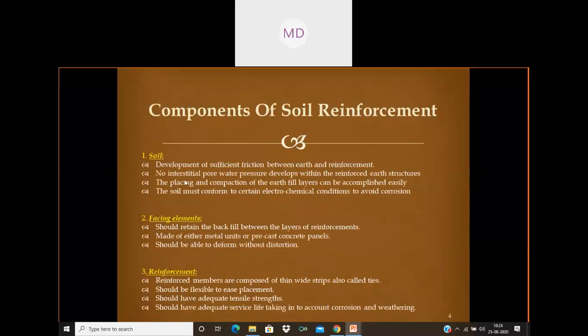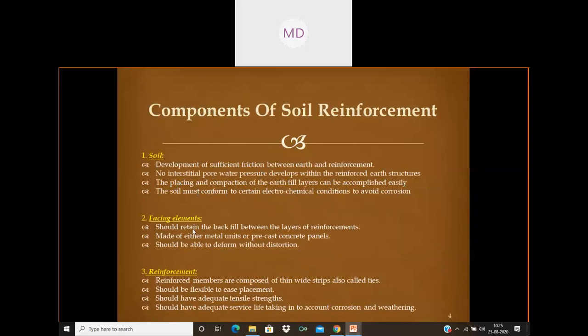No interstitial pore water pressure develops within the reinforced earth structure. The placing and compaction of the earth fill layer can be accomplished easily. The soil must conform to certain electrochemical conditions to avoid corrosion. These are the characteristics developed after the application of this process.